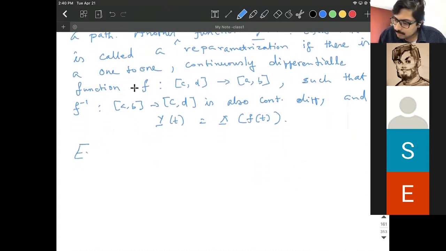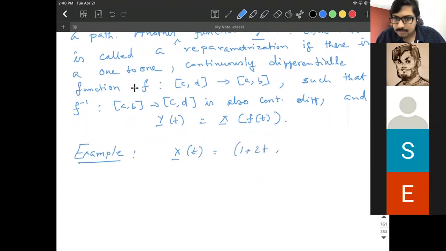Just as an example to keep in mind, let x(t) be the following function: (1 plus 2t, 2 minus t, 3 plus 3t), let's say. Well, 3 plus t won't harm, but just to keep parity with the lecture note.